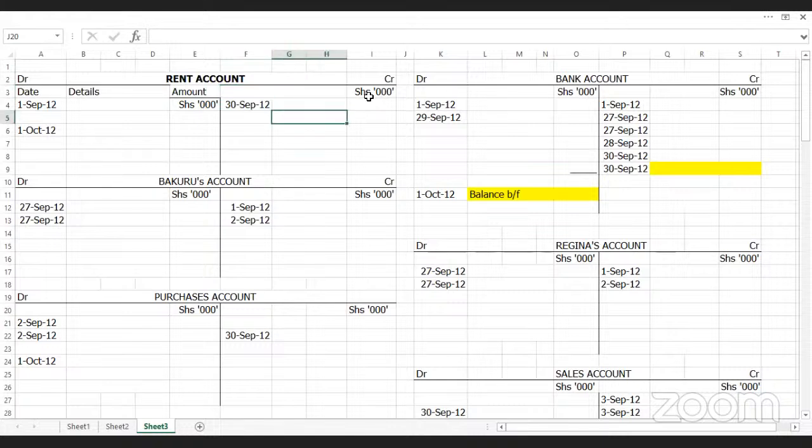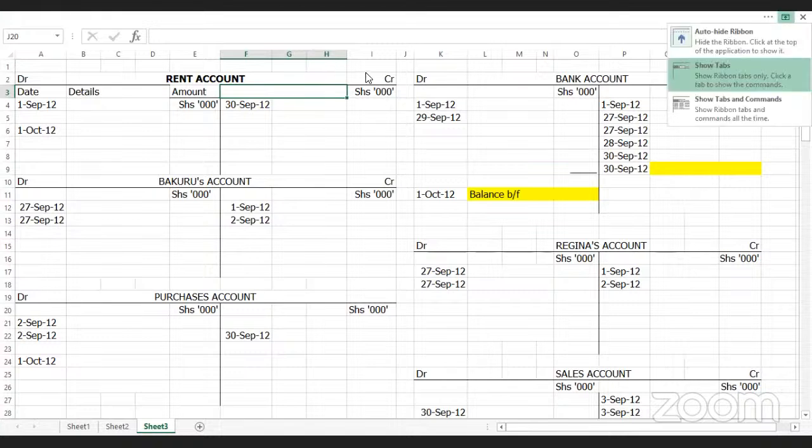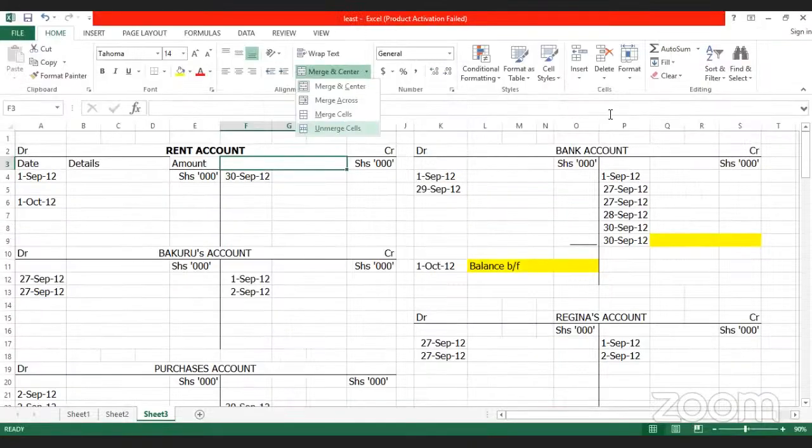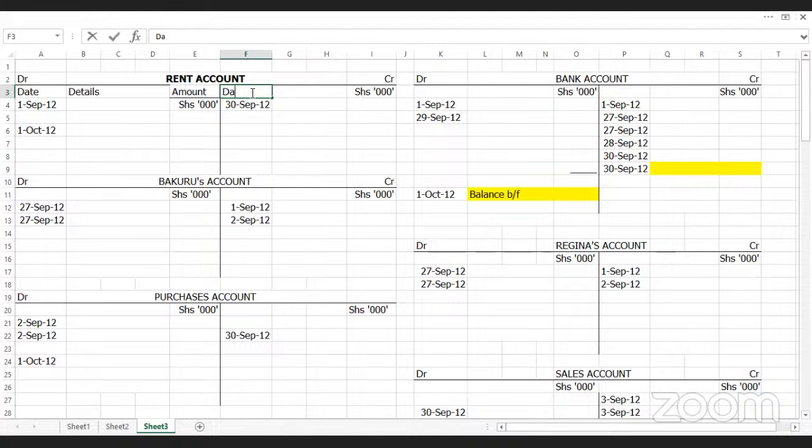There has to be a column for the date, a column for details, and then amounts.